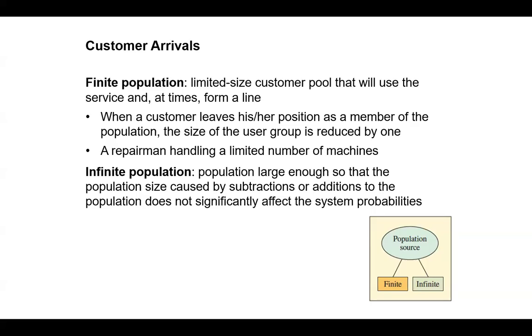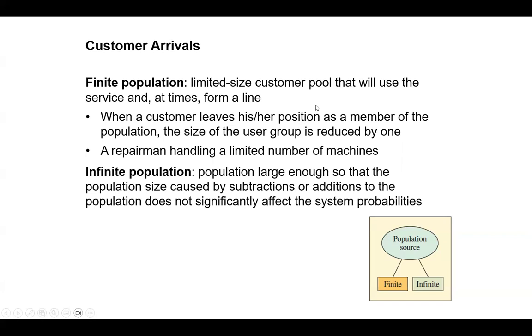So this is why we need to focus on the population factor. We need to analyze what kind of impact may happen if one or two customers leave the pool. So this is the population: finite and infinite.